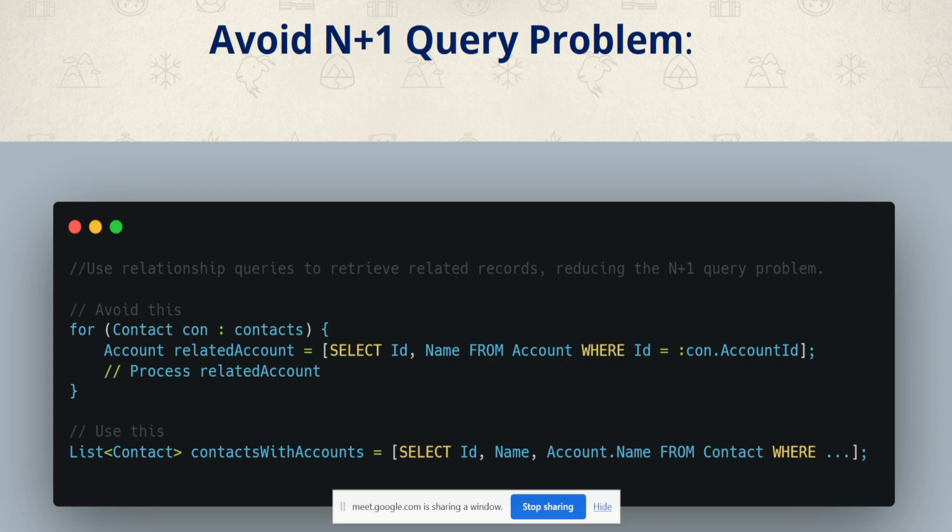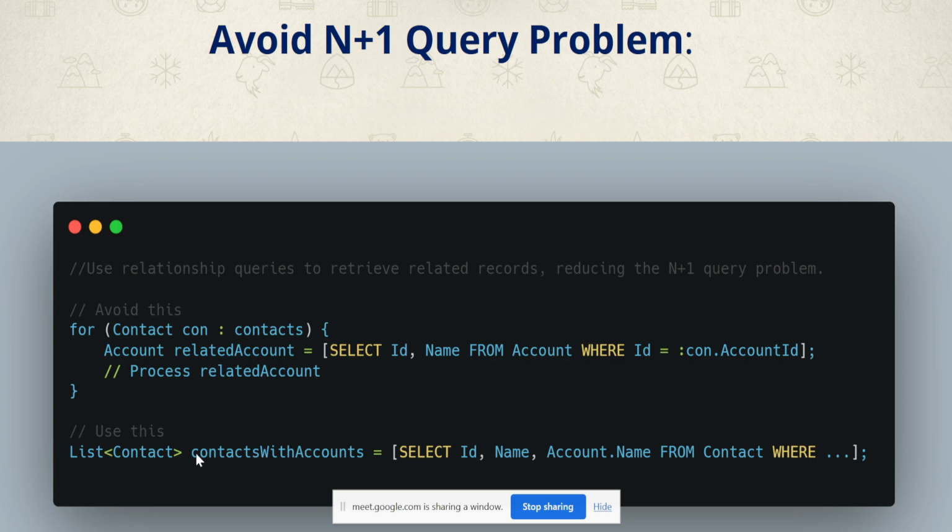Here you can see, avoid this: I want to fetch some contacts based on the contact ID, and here this query fetches accounts based on the contact ID. That is not good practice, to fetch the account record based on the contacts. So avoid this.